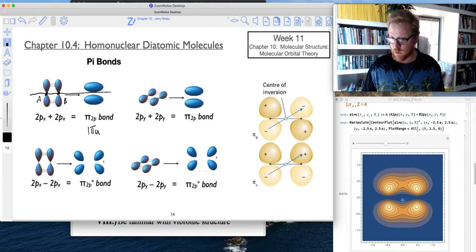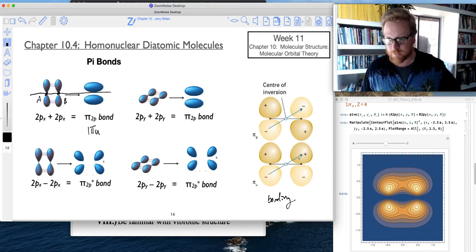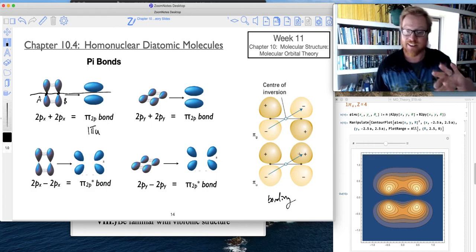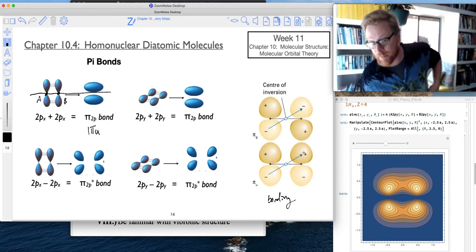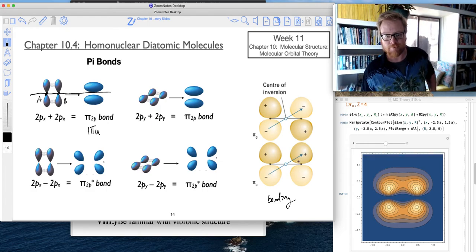I get lobes on either side of the internuclear zone. If you look at my symmetry operation, that means my bonding state for pi bonds technically has odd symmetry. So we've got to keep track of that. It's the opposite of the sigma bonds.